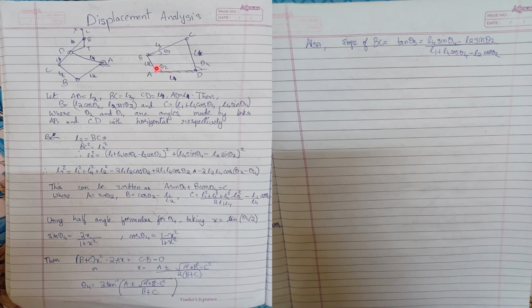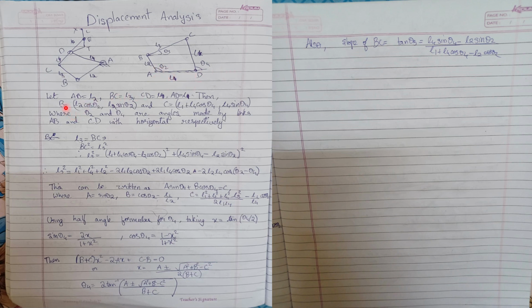Let the angle between AB and AD be theta 2, the angle between CD and AD be theta 4, and the angle BC makes with the horizontal be theta 3. Now to perform displacement analysis, let us assume that point A is our origin and that AD lies on the x-axis.